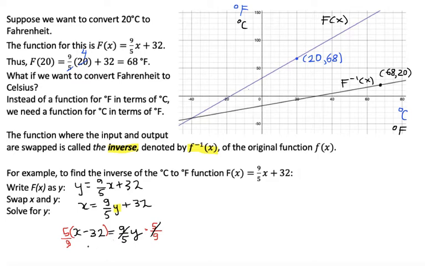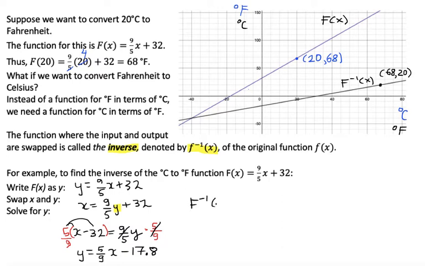Our function is now in terms of y equals, and this is 5/9, and when we multiply it out, it ends up being minus 17.8, rounded from 17.777, okay?